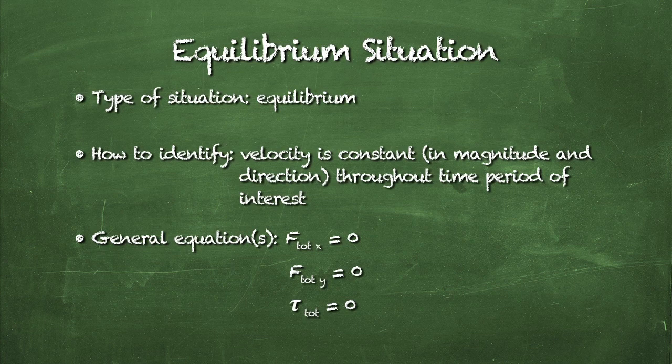Now, that could also be constant angular velocity as well. And the general equations for equilibrium are total force in the x direction equals 0, total force in the y direction equals 0, and total torque equals 0. Now let's apply that to a situation.